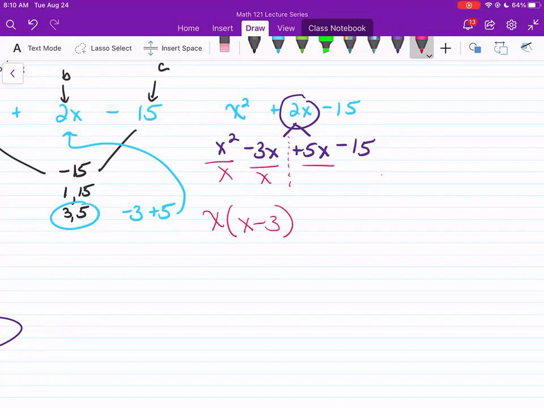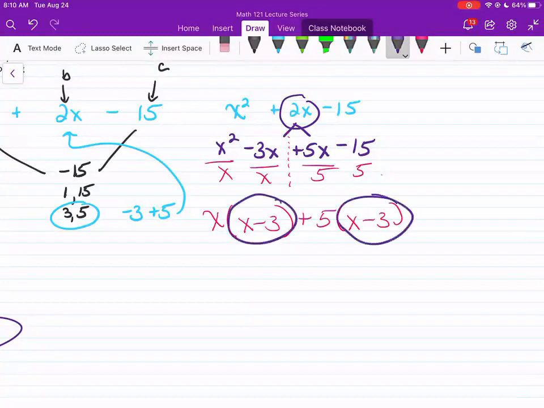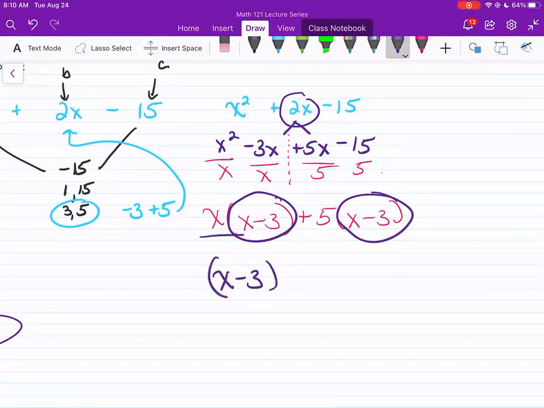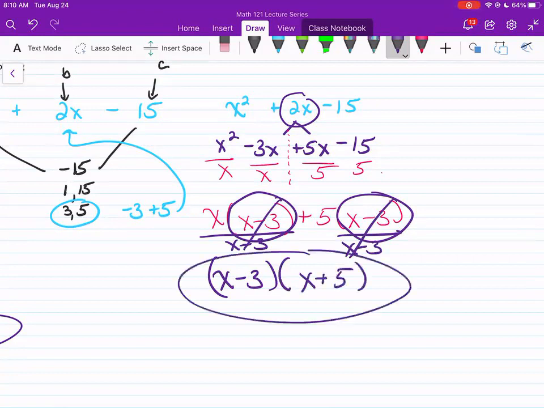The GCF here is 5, and so that leaves me with plus 5 times x minus 3. And notice these are the same. Those should always end up the same. Because they're the same, that's now a GCF. And so I'm going to pull that out of both terms. And that leaves me with my other factor of x plus 5.